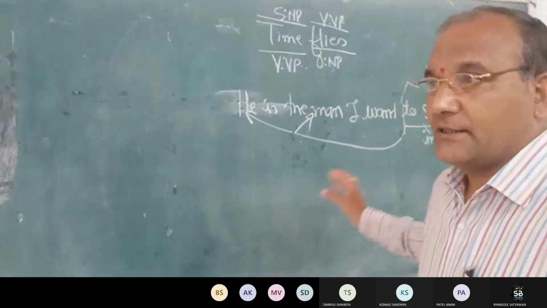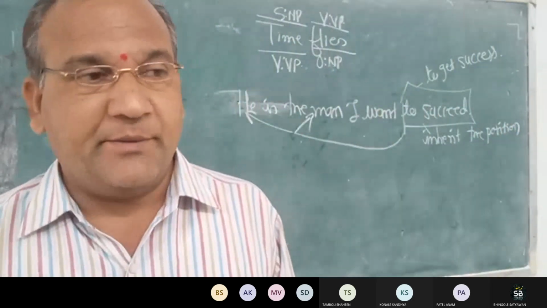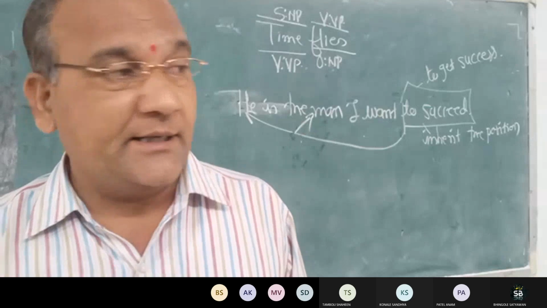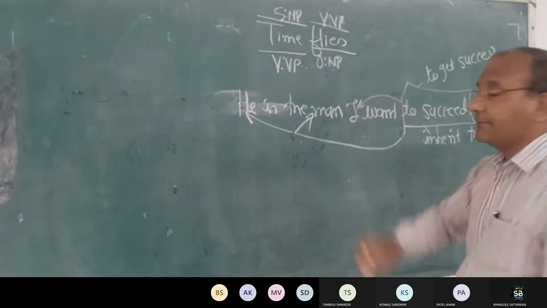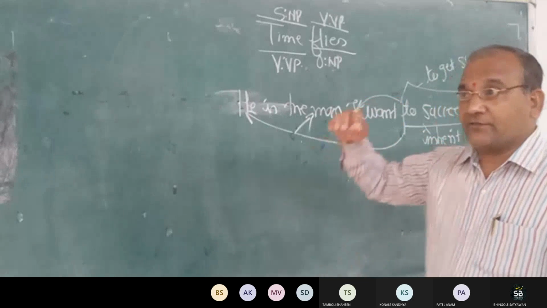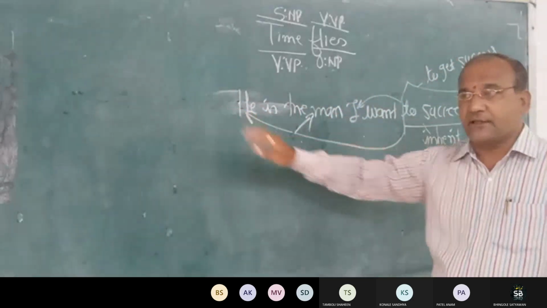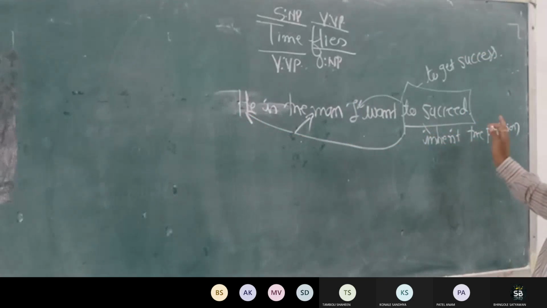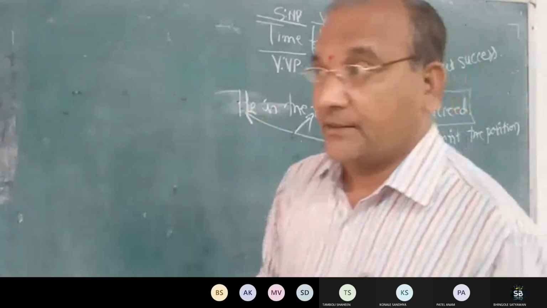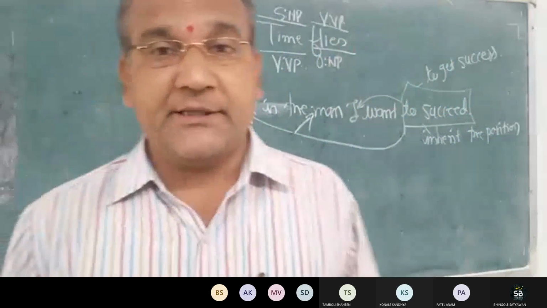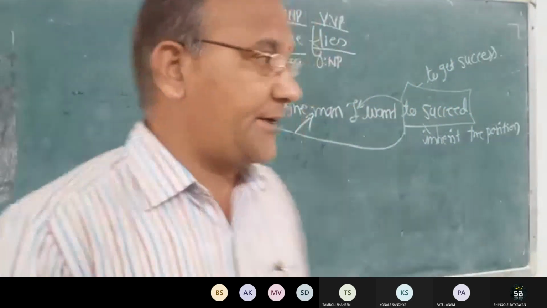The other meaning is to replace someone in position. In case of success, succeed will refer to the man, or he. But in case of inheriting office or position, it will refer to I. So it's a lexical ambiguity, succeed having two meanings. Okay.